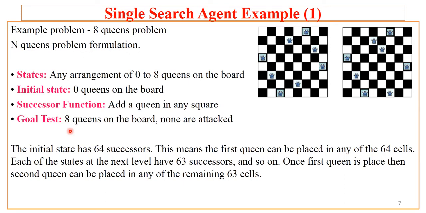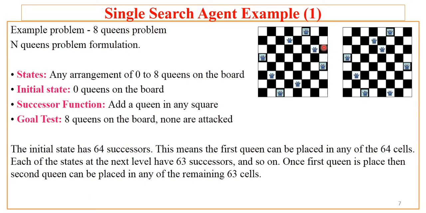So this is the goal. Now if we observe this game carefully, initially there will be a blank board with no queen placed. That initial configuration can lead to 64 successors. That means the first queen you can put on any square.